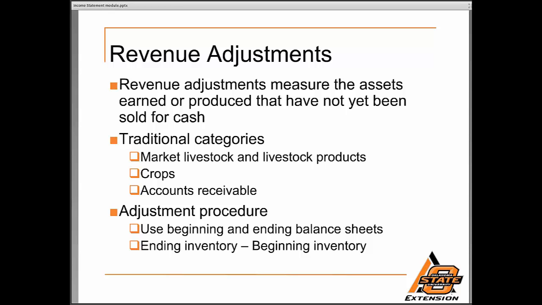So if the current assets on your operation's beginning balance sheet included $20,000 of wheat in storage, and that increased to $60,000 of wheat in storage on the ending balance sheet, your revenue adjustment is a positive $40,000. The positive adjustment shows that you produced the wheat but did not sell it yet.